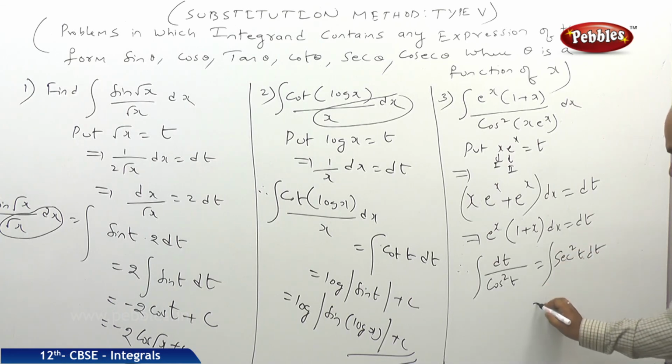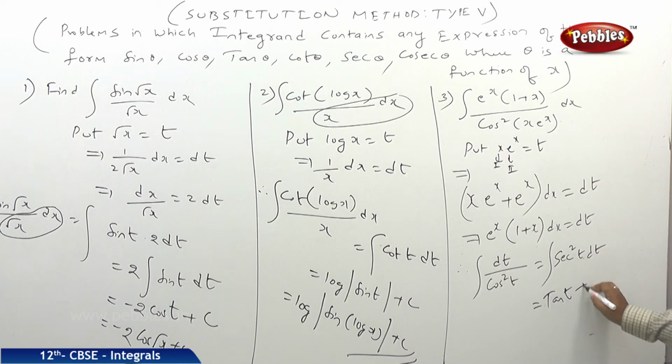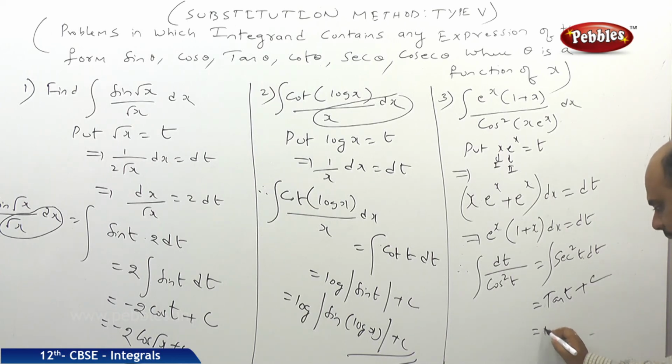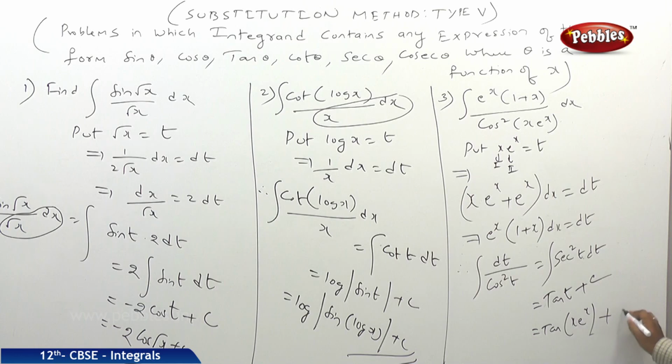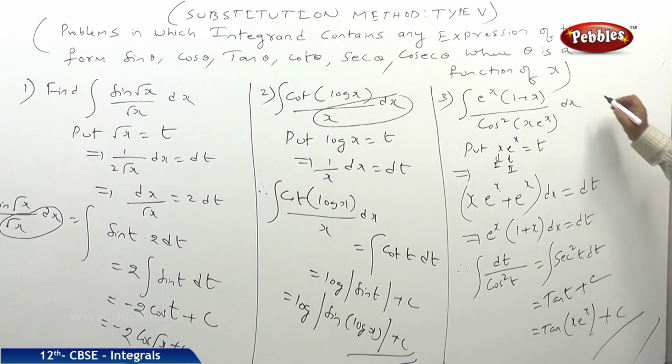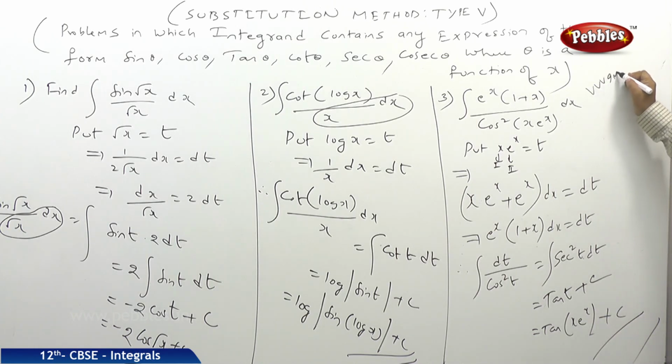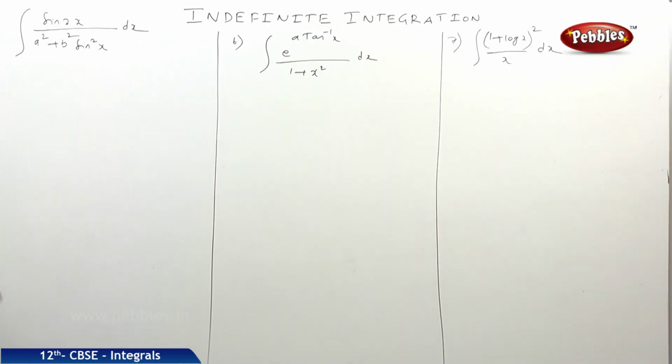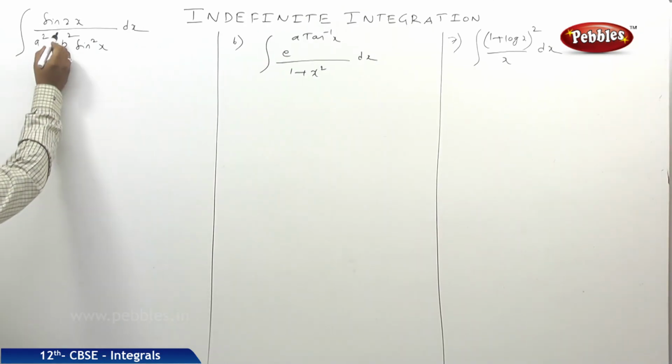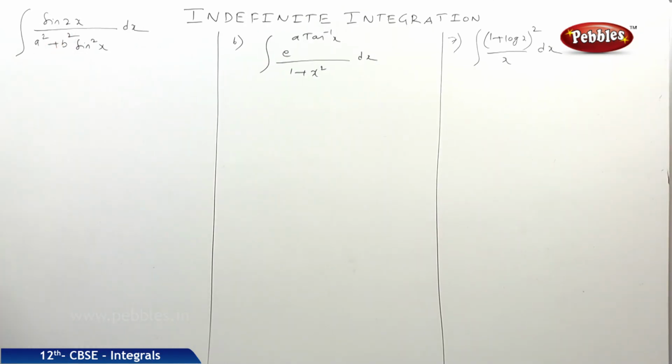Integral of secant square t dt is nothing but tan t plus c. But t is nothing but x e power x, so tan of x e power x plus c. It's a very, very important problem. You should observe carefully. We shall be seeing a little bit higher level problems on this substitution method.